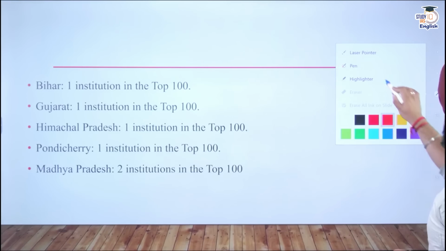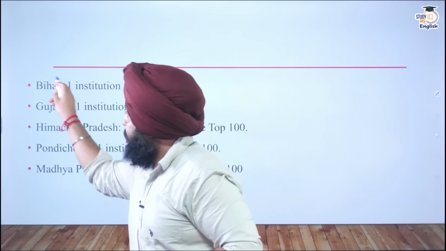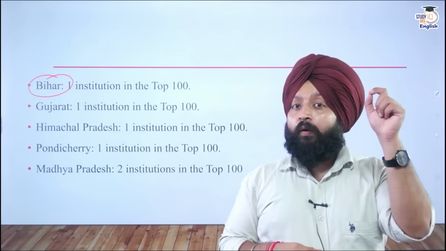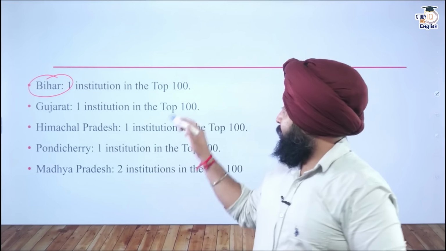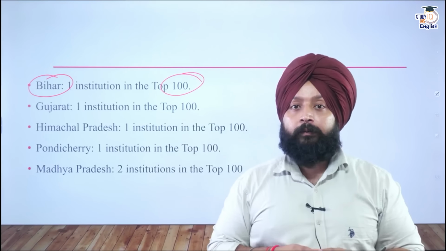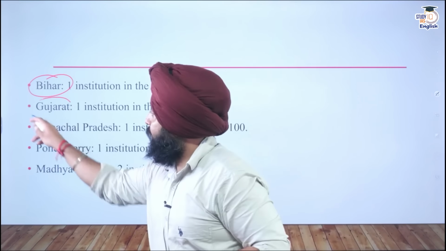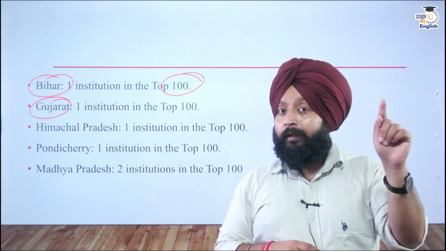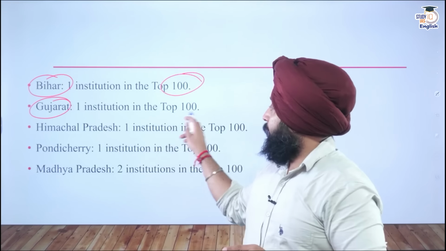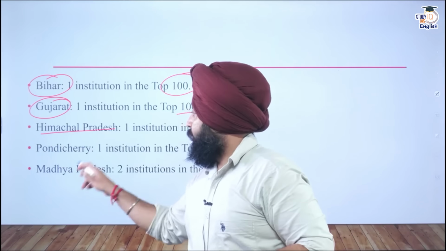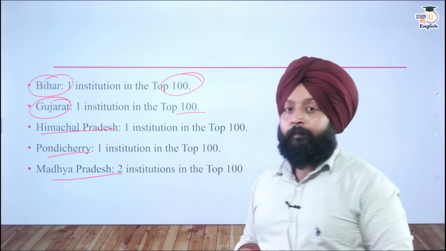we'll see that Bihar has only one education institution in the top 100, and the same is the case with Gujarat. It has only one education institution in the top 100. The same is the case with Himachal Pradesh, Pondicherry and Madhya Pradesh.